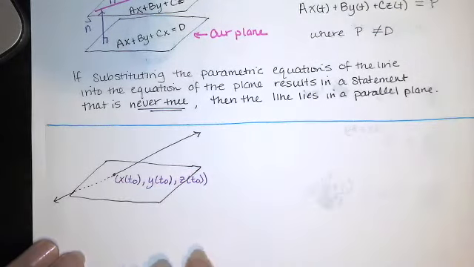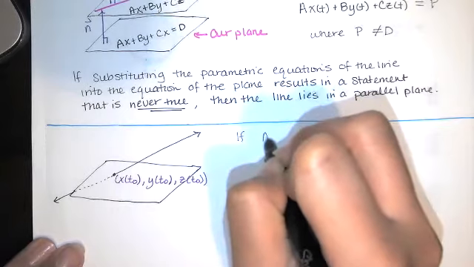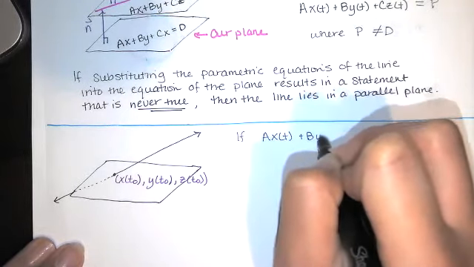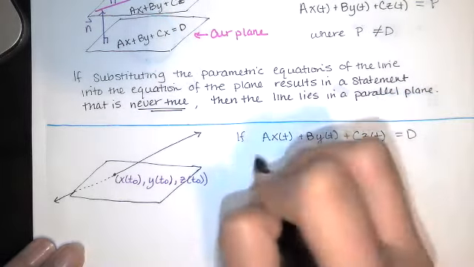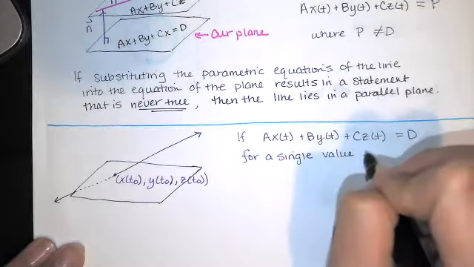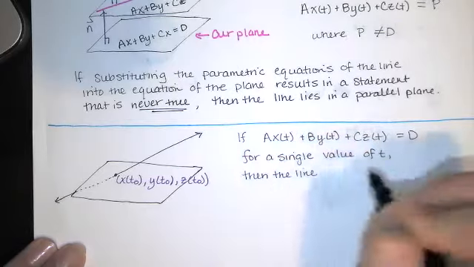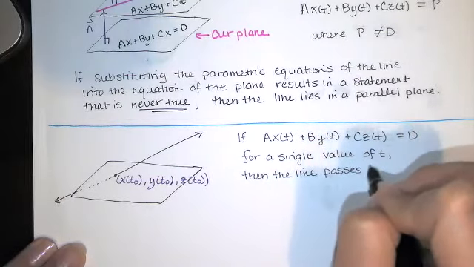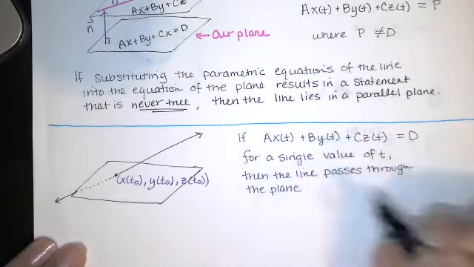Okay, so this is what will happen if x of t, y of t, and z of t satisfy the equation of the plane at only one value of t. So if a times x of t plus b times y of t plus c times z of t equals d for a single value of t, then the line passes through the plane at this location.